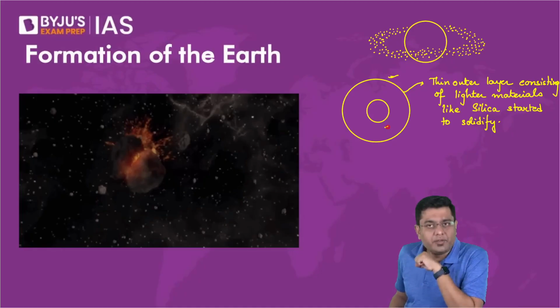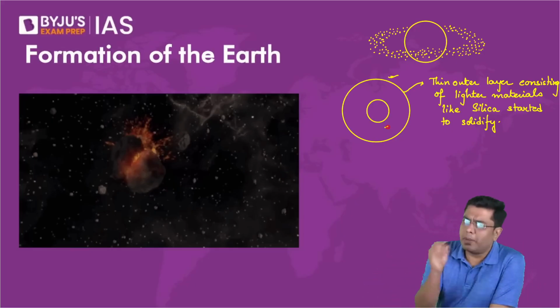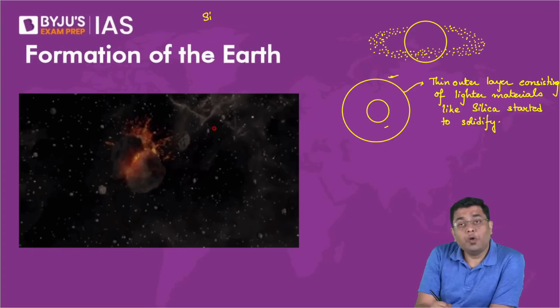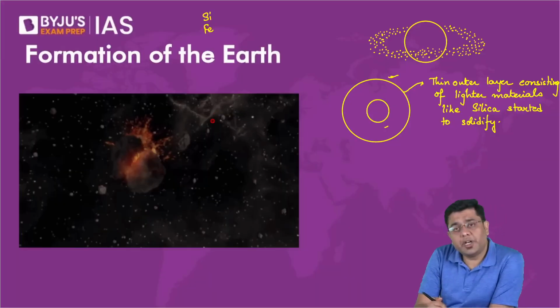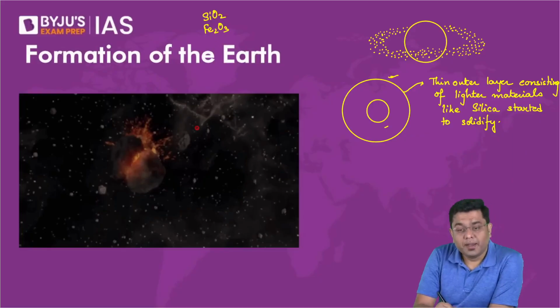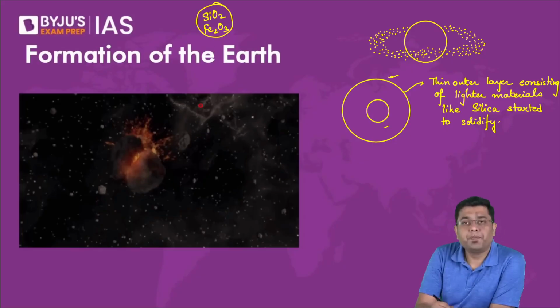So, understand this. When you talk about any compound, or rather any element, let's suppose silicon. If you heat silicon, it will get converted into liquid state, isn't it? If you heat, let's suppose, iron, it will get converted into liquid state. But what if I have silica? Silica is solid. Iron oxide is also solid. What happens if I heat this up?